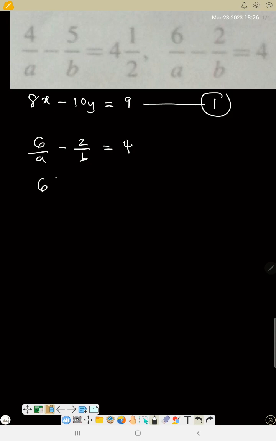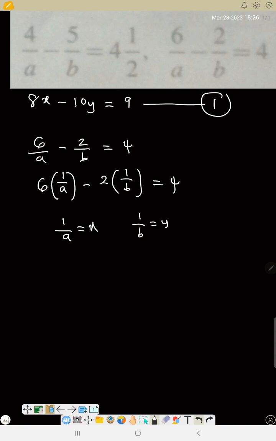So this is the same thing as 6 brackets 1 over a minus 2 brackets 1 over b is equals to 4. Now we have said let 1 over a be x and 1 over b be y. That means this will become 6x minus 2y is equals to 4. So this is equation 2.